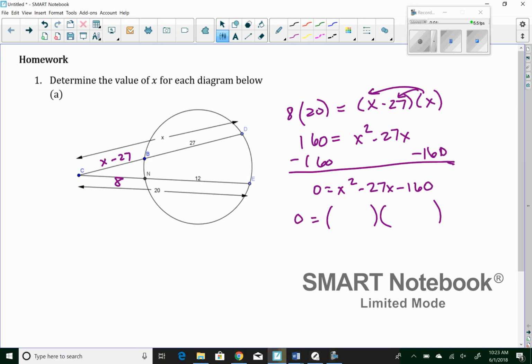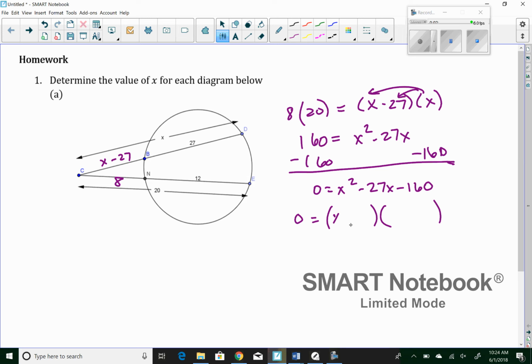So when I'm factoring, I have to take into consideration the types of numbers that I have. I want to find two numbers that multiply together to make 160, but add together to make 27. But notice the 160 is negative and the 27 is negative, so I have to be careful here. If I do some math, I see that I can do 32 times 5.